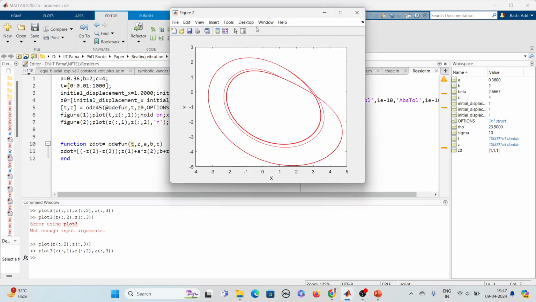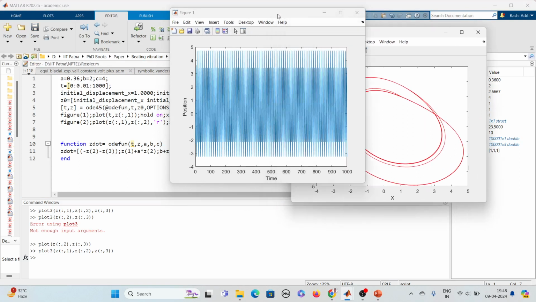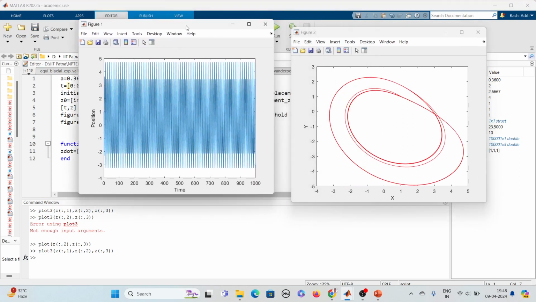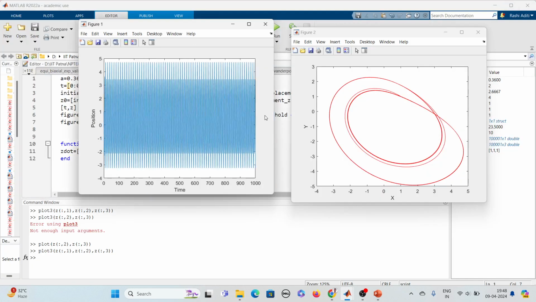Now look over here. System is again having two values of maximum amplitude, two values of minimum amplitude.